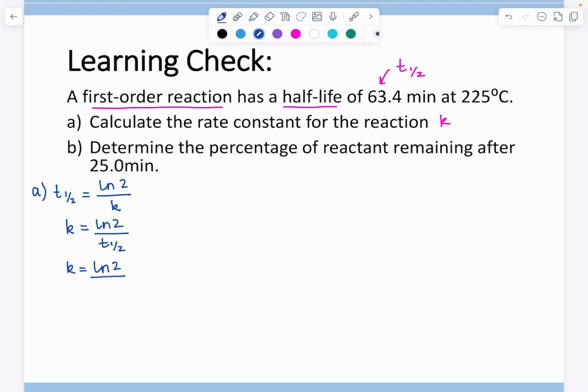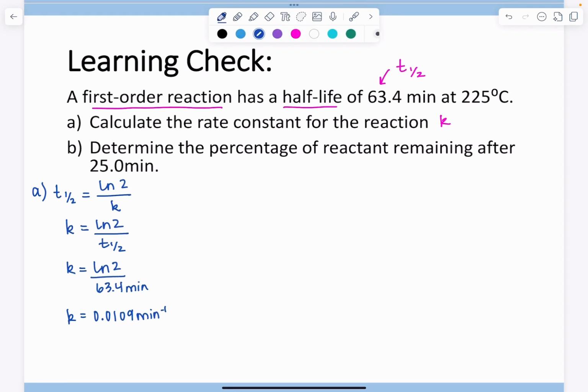So that's natural log of 2 over 63.4 minutes. So K is 0.0109 minutes to the negative first power. All right, so we've got question A done.